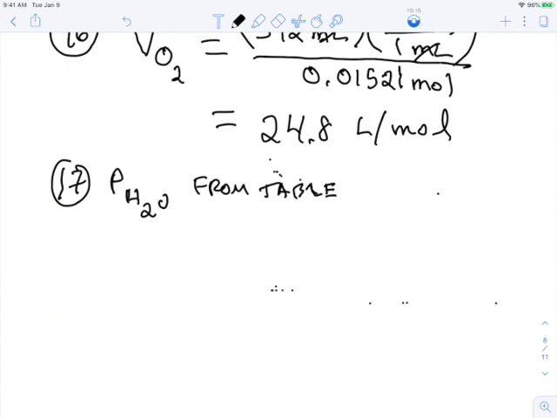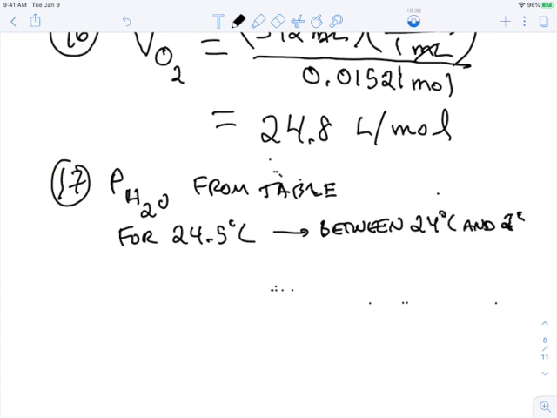So I'm going to assume that between 24 and 25 degrees, the increase in vapor pressure is fairly linear. So for 24.5 degrees Celsius, I'm going to say that it's between 24 and 25 degrees Celsius.